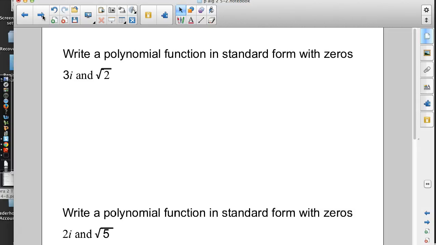But go ahead and write it down, because like I said, it's important for that 4-letter word test that you're going to have. So write a polynomial function in standard form with zeros 3i and square root of 2. So bottom of page 7, bottom of page 10, as long as you don't write huge. You should have some spare space there.